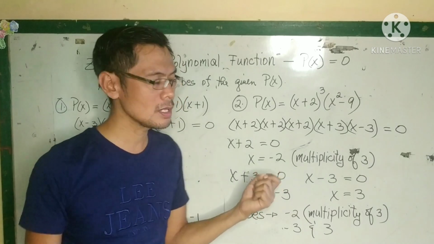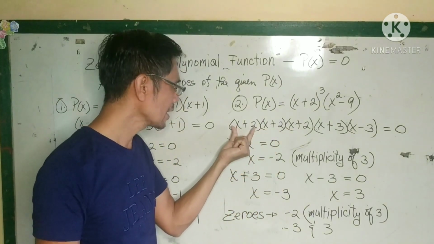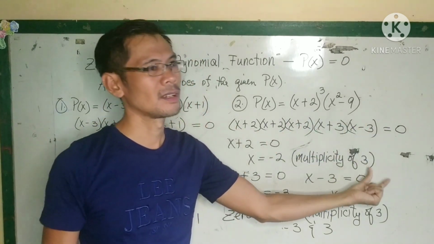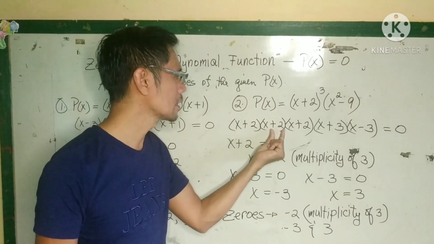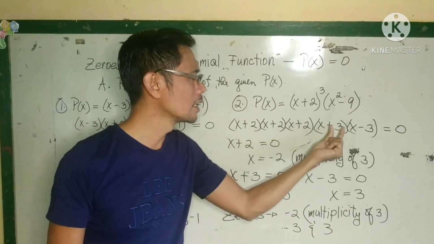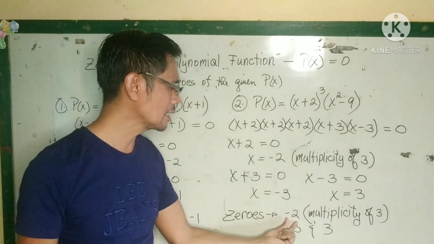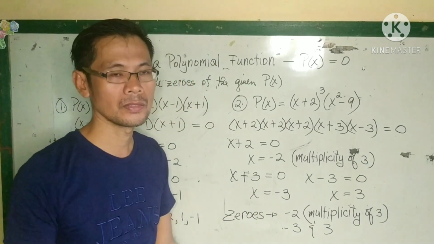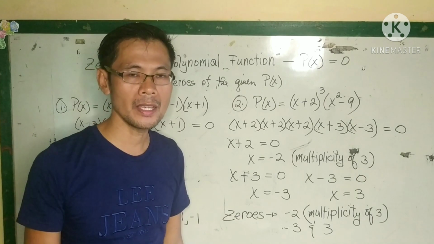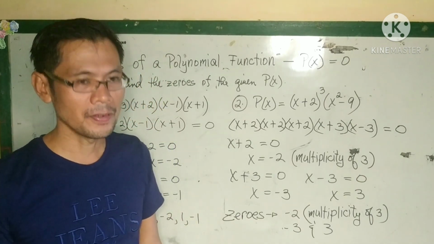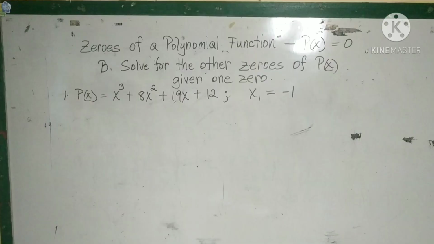Then equate it to 0. If you solve for x in the individual binomial factors, you will get negative 2, negative 2, negative 2, negative 3, then 3. That's why we have negative 2 with multiplicity of 3, negative 3, then 3. I just hope that you did follow. So let us consider other examples.